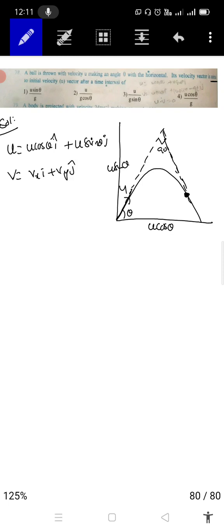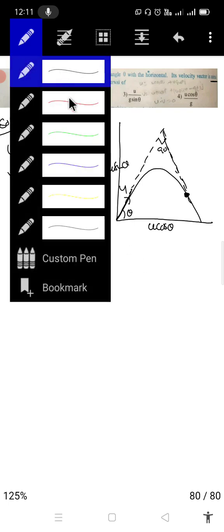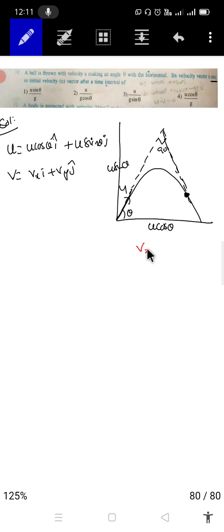At any time interval, Vx is always constant. The horizontal component remains constant, that is u cos theta only. But the vertical component after time t is u i minus gt, where u i is nothing but u sin theta, so u sin theta minus gt.